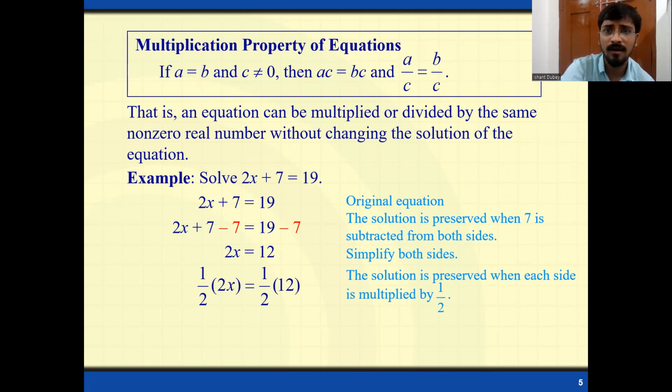You can see 2x was there, so I am dividing by 2, or you can say multiplying with 1 by 2, on both sides. Finally the 2 and 2 get cancelled, and on the right 12 divided by 2 is 6. So finally x equals 6.